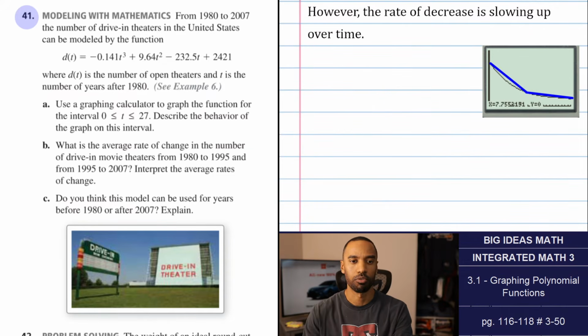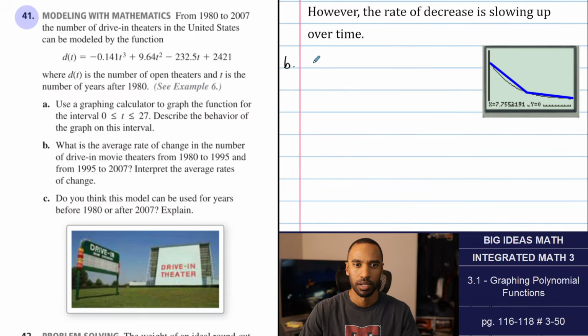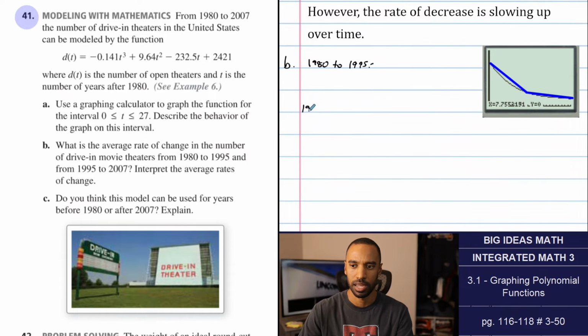We're going to plug those numbers in. So for part B, we've got to find the slope. This is for 1980 to 1995, and then we'll do 1995 to 2007. This is average rate of change.